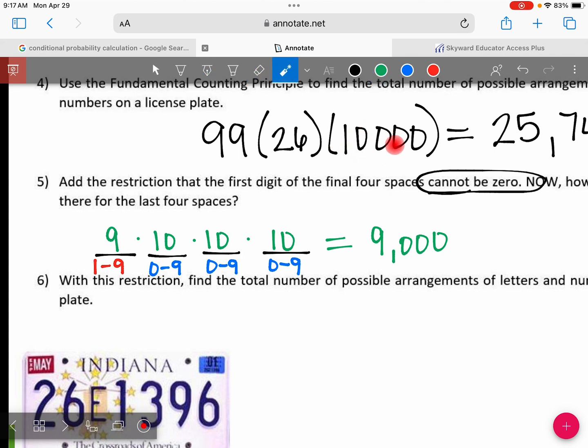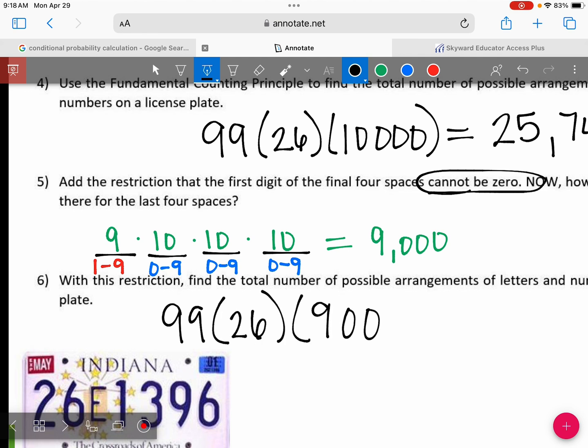Except now, instead of 10,000, this number has gone down to 9,000. So for question 6, we're going to take 99 times 26 times 9,000. Go ahead and type that in your calculator. And you should get 23,166,000.